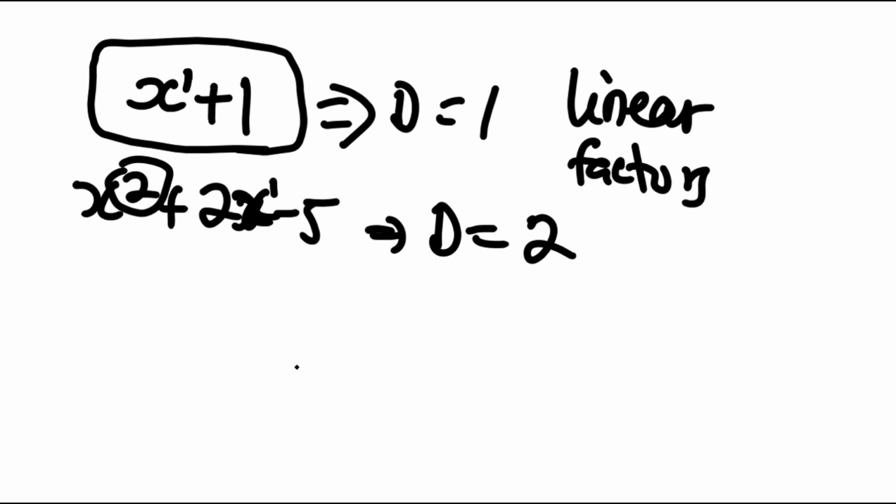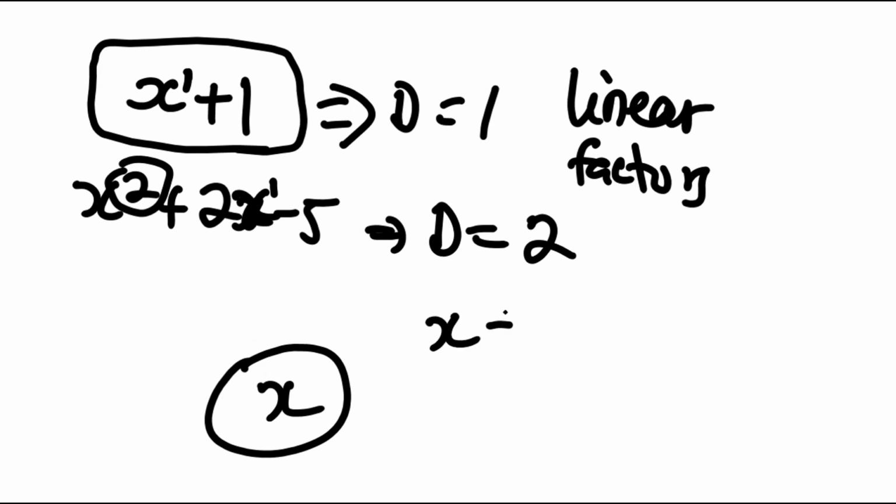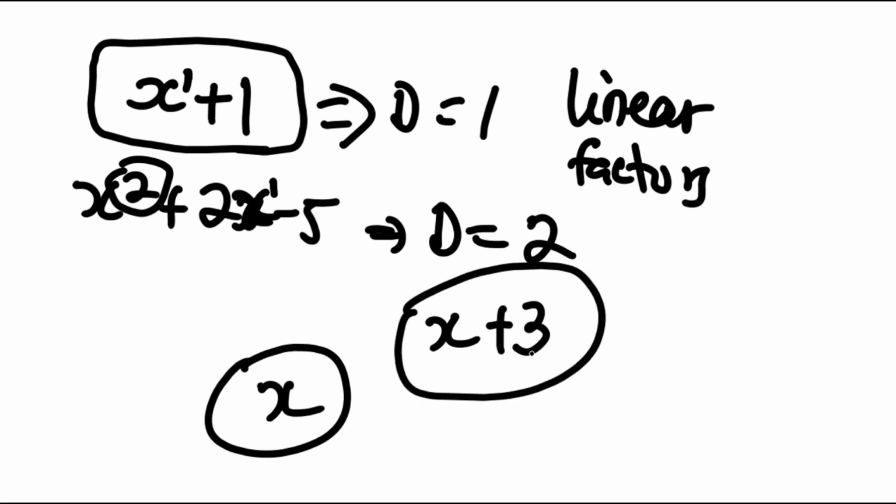If you see something like normal x alone as an expression, this is a linear factor because in this entire expression, the greatest power on x is 1. If you have x plus 3, this is a linear factor as well because the degree of the expression is 1. If you have x squared plus x, this is not a linear factor because the greatest power on x is 2, right? That becomes the greatest power.